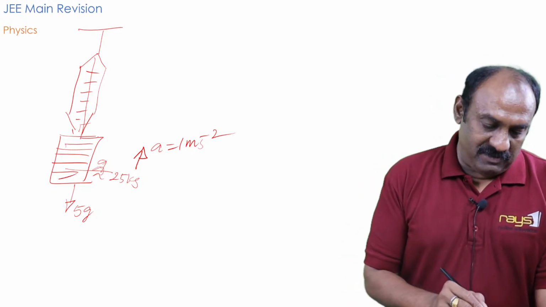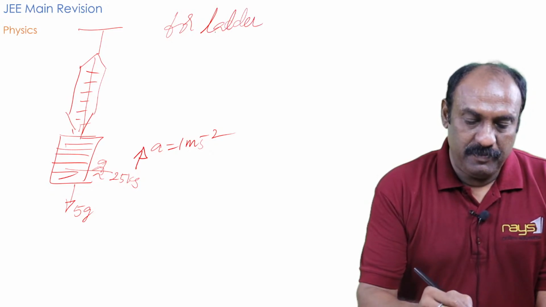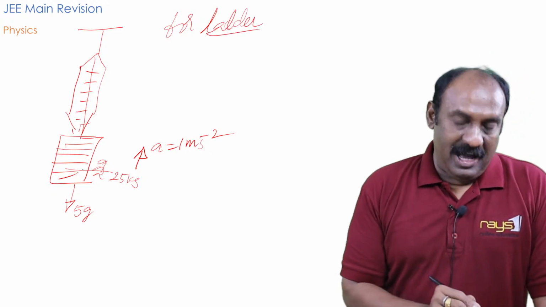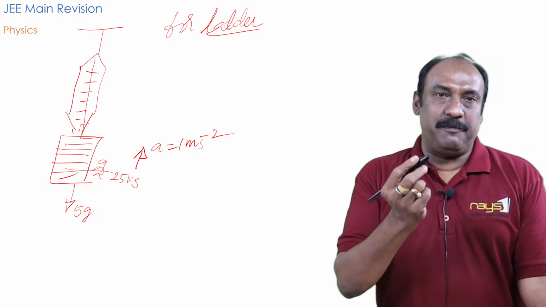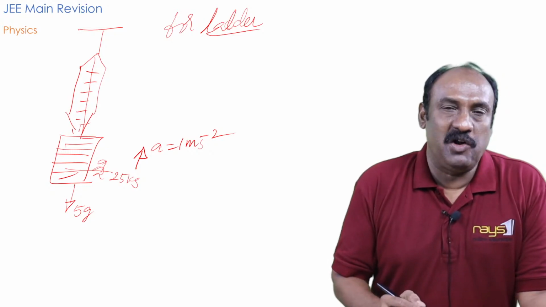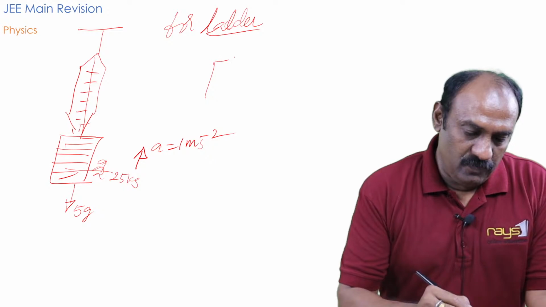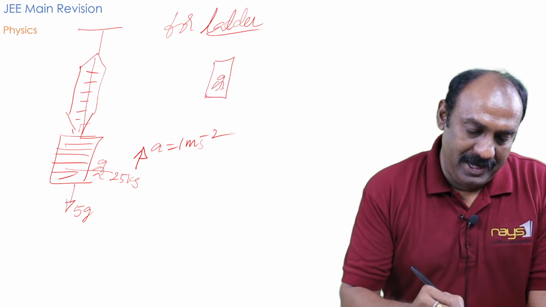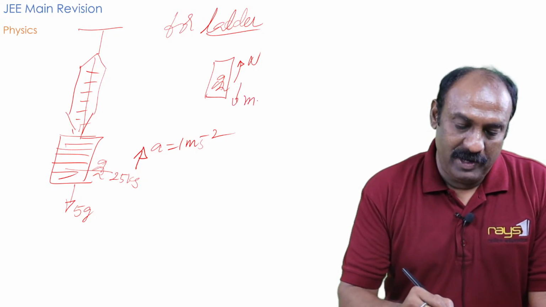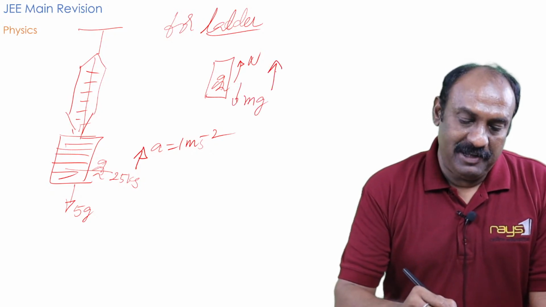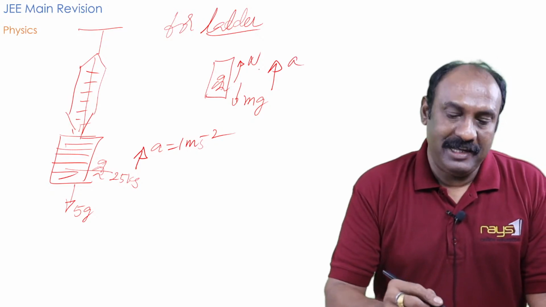So, first we consider the ladder only. What is the normal reaction when the man moves up? The normal reaction by the ladder on the man is in the upward direction. When he pushes the ladder in the downward direction, the ladder pushes the man in the upward direction. So, on the man, the normal reaction is in the upward direction and the weight of the man is in the downward direction. So, the net acceleration of the man on the ladder is a. So, what is the equation?